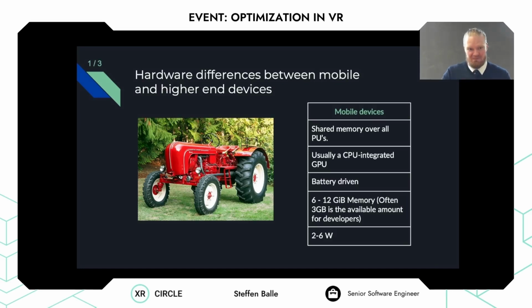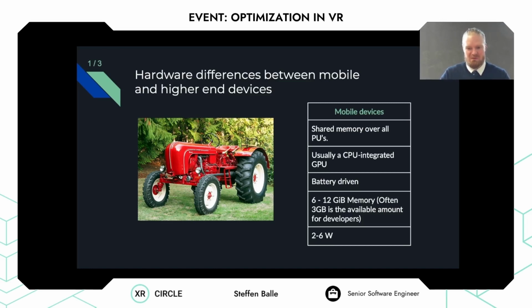The big differences are mainly just the size of the hardware and the power of the hardware, but other than that, the mobile devices usually have a shared memory chip between the processing units, even if it has a separate hardware acceleration unit. They usually share the memory.